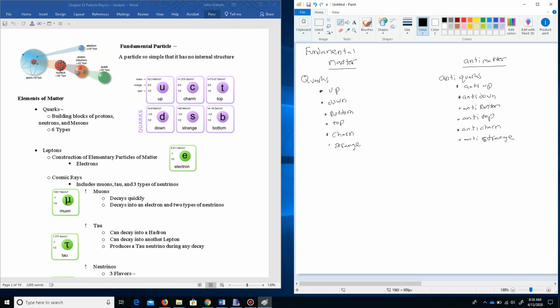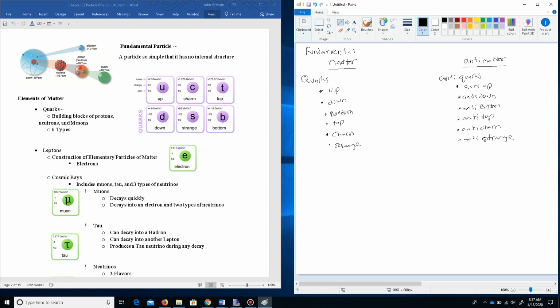The top has 173.07 GeV per c squared, but that also has the same charge, same spin. The down has a negative 1/3 and 1/2 spin, and 4.8 MeV. Strange, 95 MeV, and is also negative 1/3 and 1/2. And then the bottom is also negative 1/3 and 1/2, and that's at 4.18 GeV.